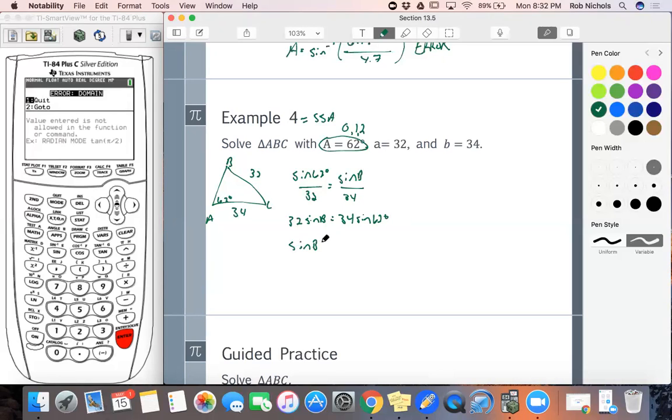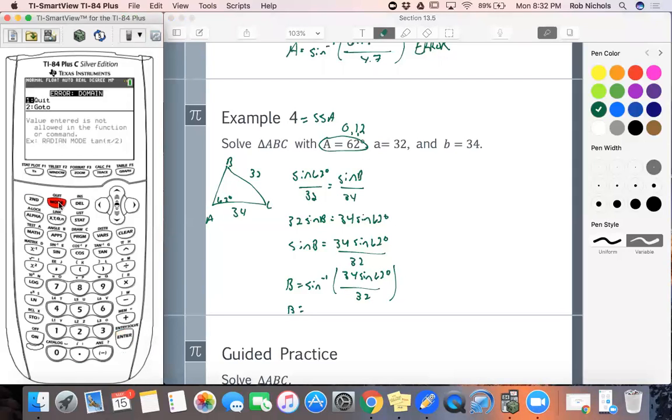So the sine of b equals 34 times the sine of 62 degrees over 32. So b equals the inverse sine of 34 times the sine of 62 degrees over 32. All right, so then we get angle B equals inverse sine of 34 times the sine of 62 degrees divided by 32.